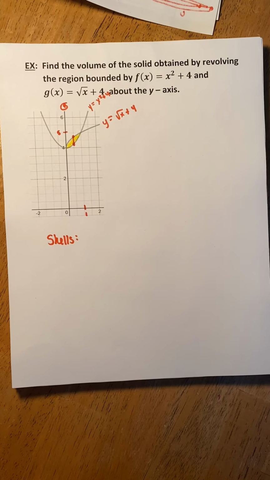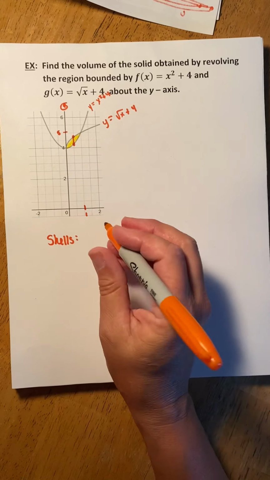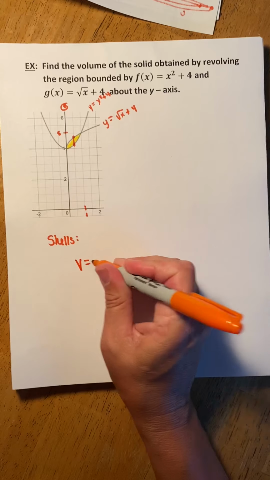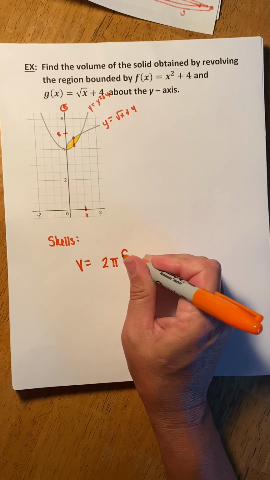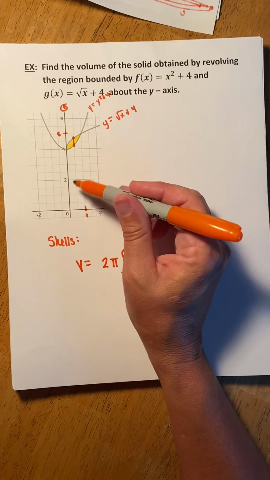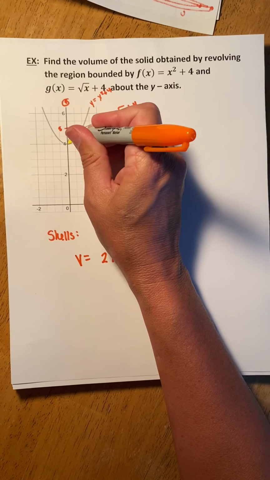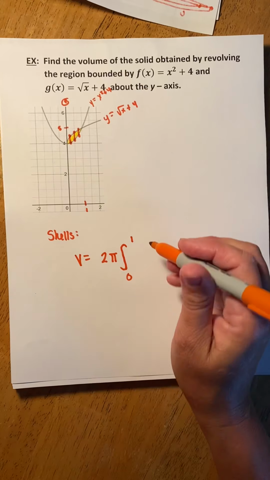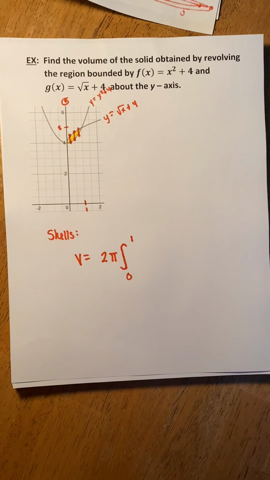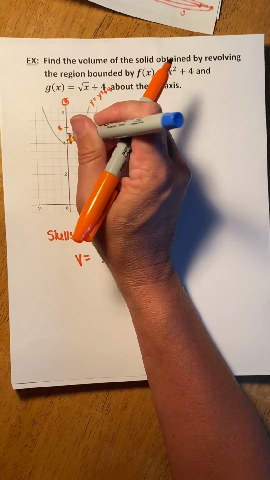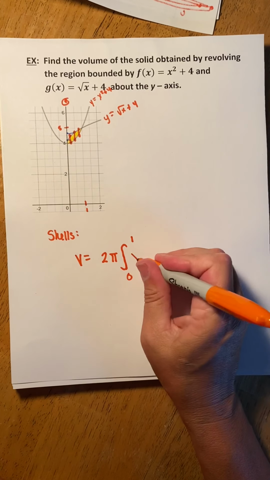So the volume obtained by the shells would be 2 pi, and I'm going from 0 to 1. All my little vertical lines would range from 0 to 1. And then the radius of any one of these, because I'm on the x-axis, the length of any of these lines would just be the value of x, so the radius is x.